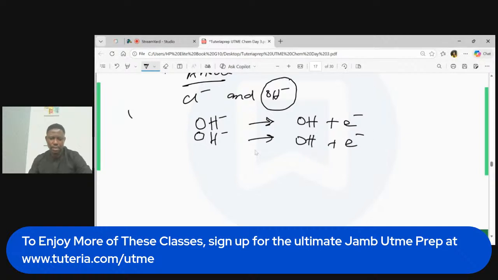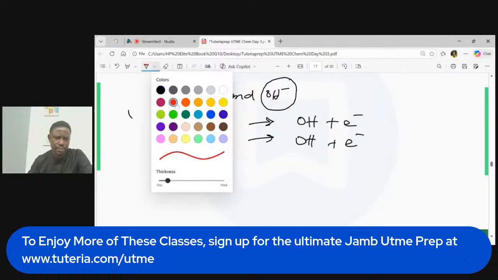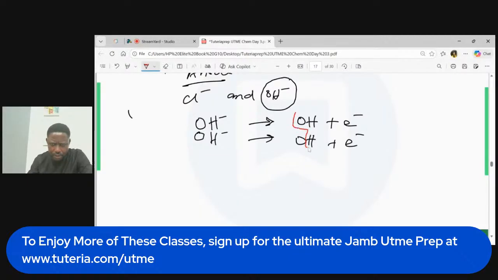If you look at this, let me pick the red pen so that you can see it clearly. What is this part that you're seeing there? That is H2O, right? So two OH- will form H2O plus O plus two electrons.